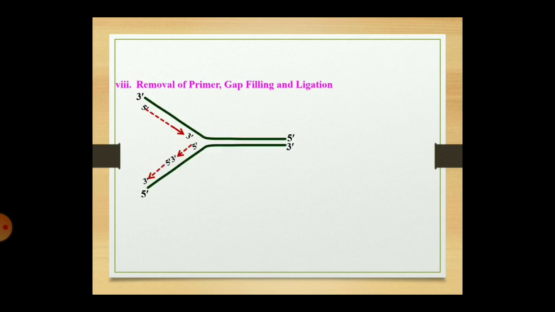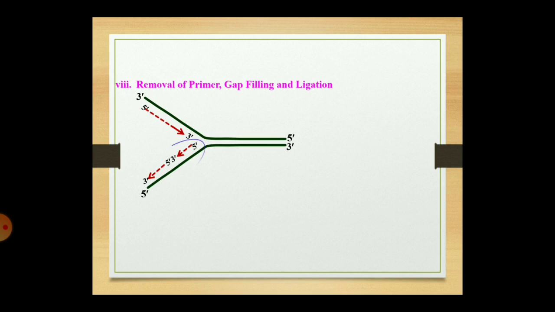When these Okazaki fragments are formed, immediately they are joined with the help of the DNA ligase enzyme. Look here: soon after the addition of DNA nucleotides, we have to remove the primers and fill the gap, and after proofreading the DNA fragments are joined with the help of DNA ligase. So: removal of primer, gap filling, and ligation.